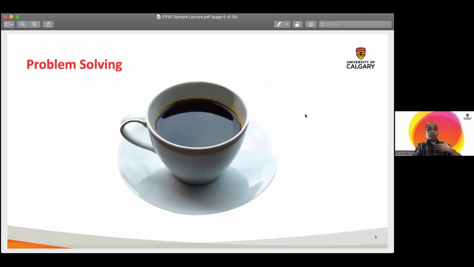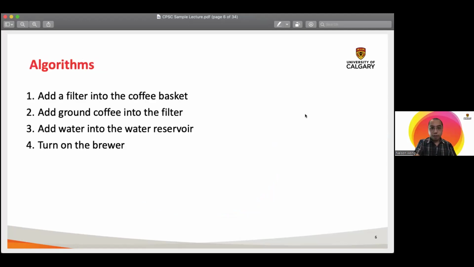Now, there are many ways that we can describe how to do something, okay? What you see over here is something we call algorithms. One way to express an algorithm is through text, just step by step instructions to clearly describe how to do something.